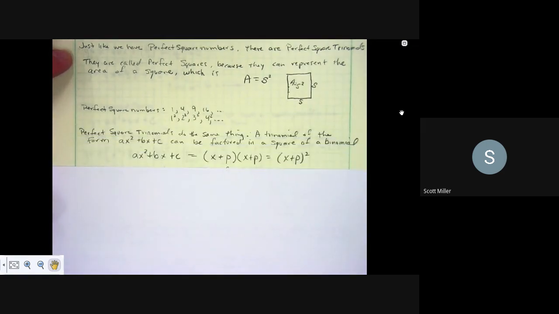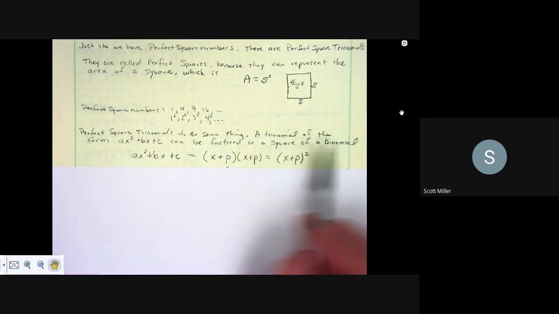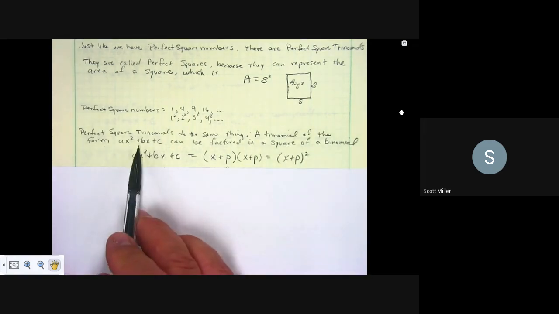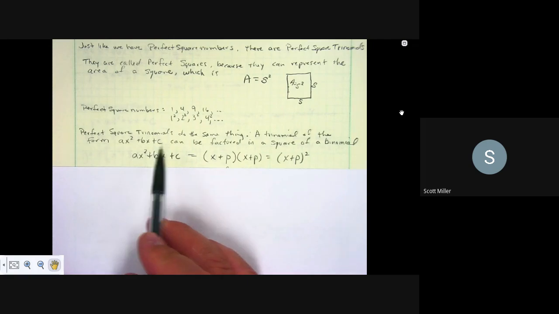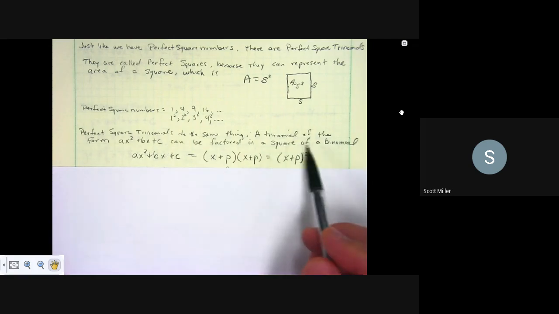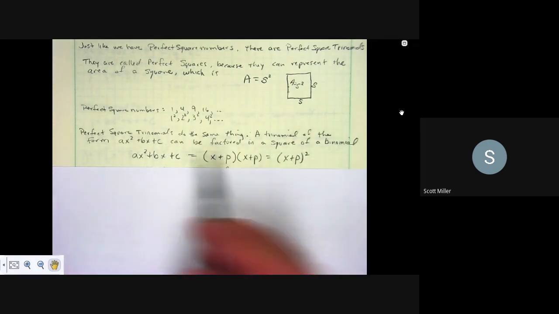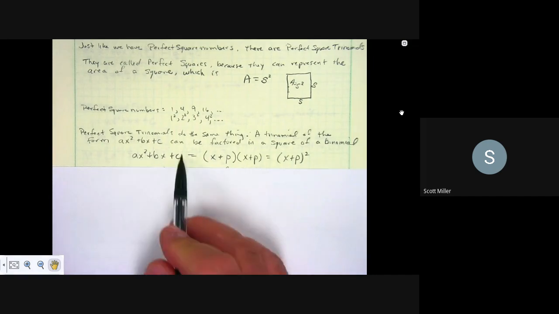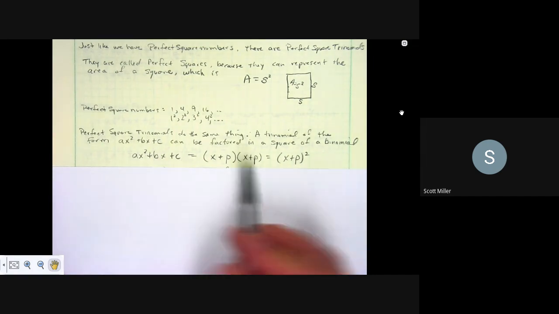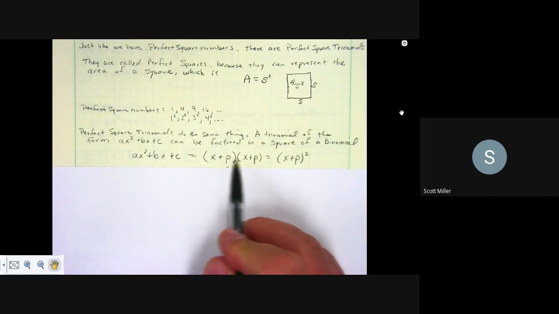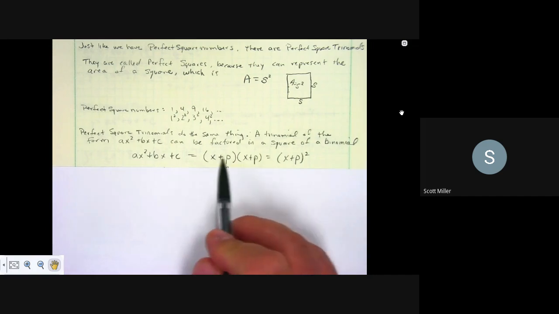So what are perfect square trinomials? Perfect square trinomials do the same thing. A trinomial of this form, ax squared plus bx plus c, can be factored into a square of a binomial. In other words, this right here can factor into something that looks like this, where it's the same factor twice.